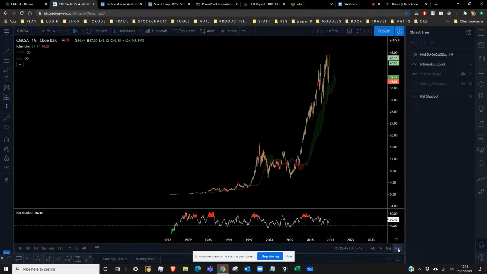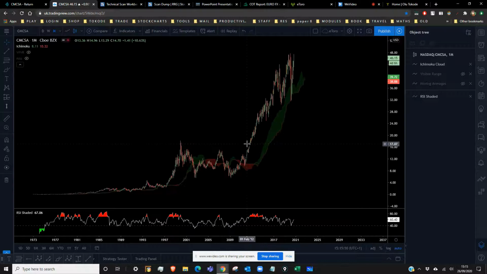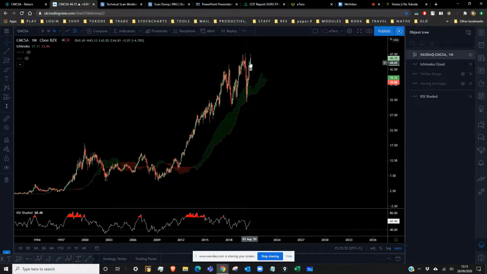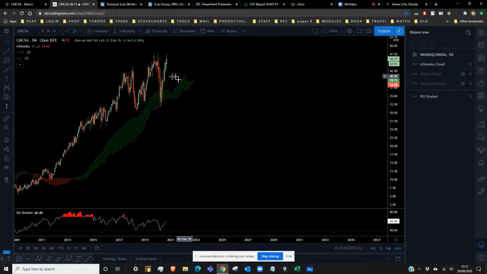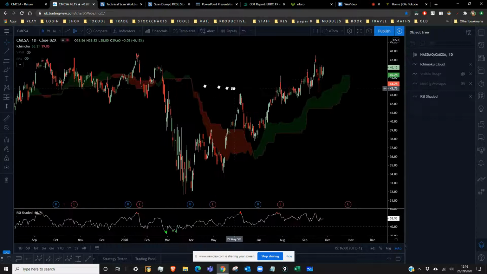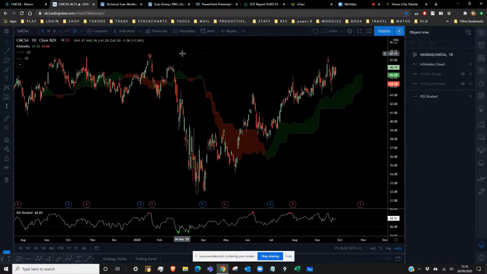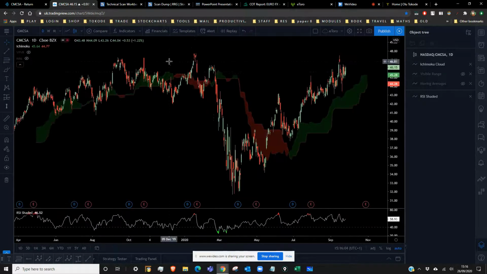This is the linear. Doesn't look bad. Comcast is about to, well, that's a new all-time high, right? No, it's not. Comcast is close to forming a new all-time high. I like that.